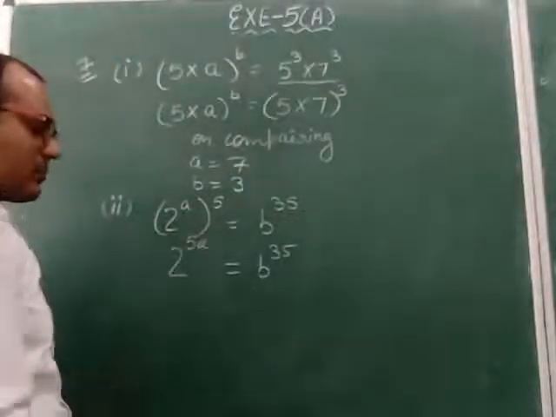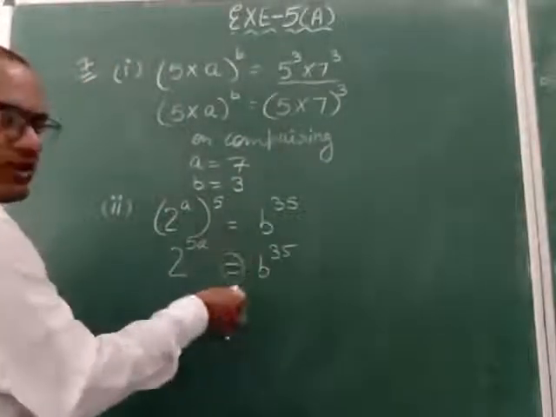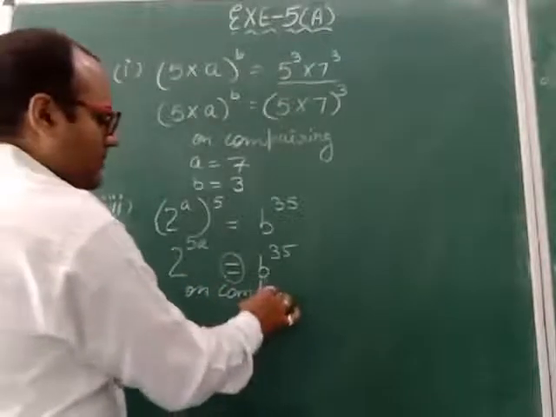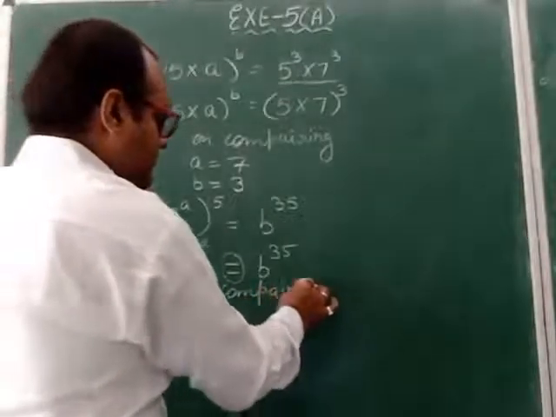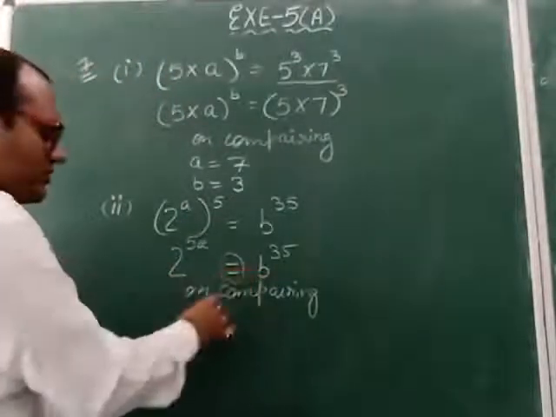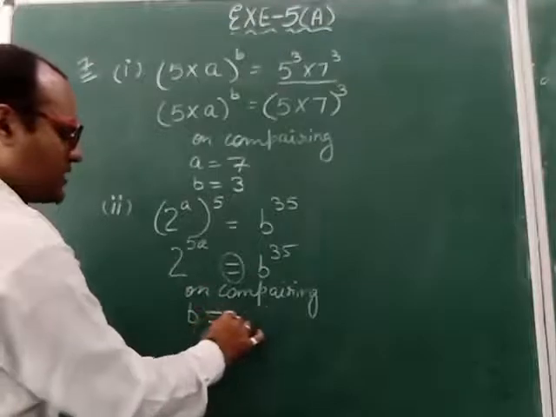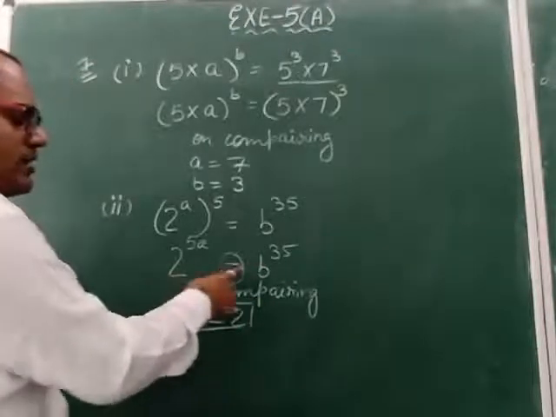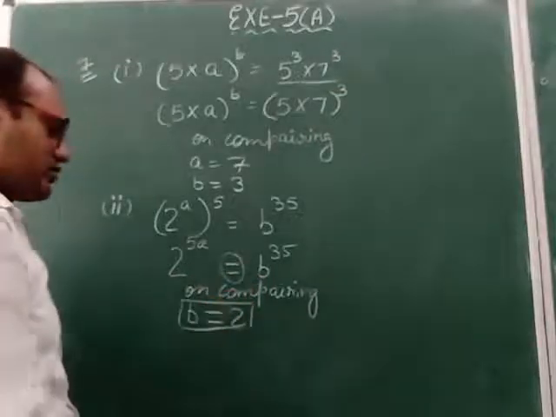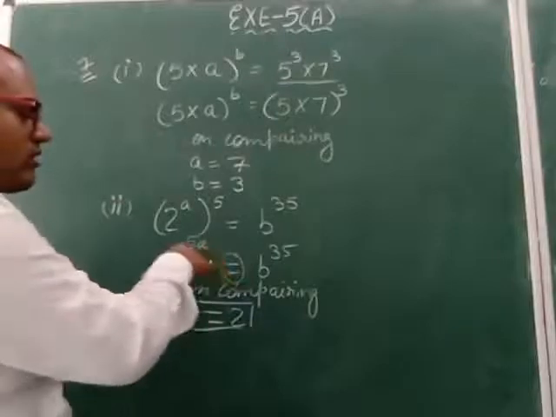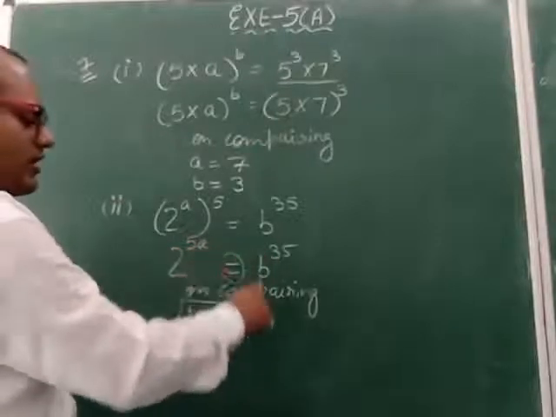Next step, equal is coming, so we will compare both the sides. On comparing, base is 2 and base is b. So base b answer is 2, 2 and b both will be equal to each other. So b answer is 2. Similarly, power also will be equal: 5a will be equal to 35.